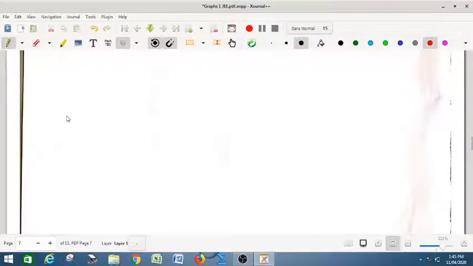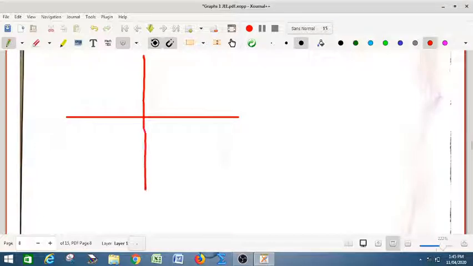Suppose this is your x axis and this is your y axis, and this is your branch of sin x, and suppose this is your y equal to x line.